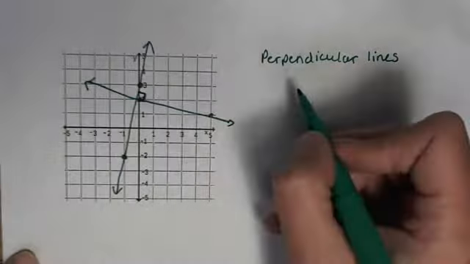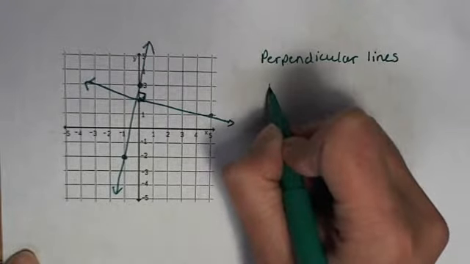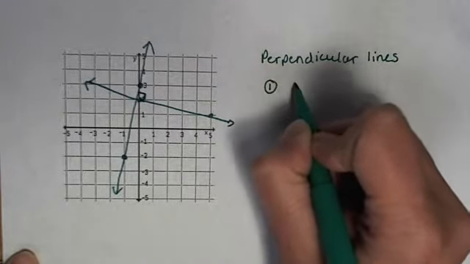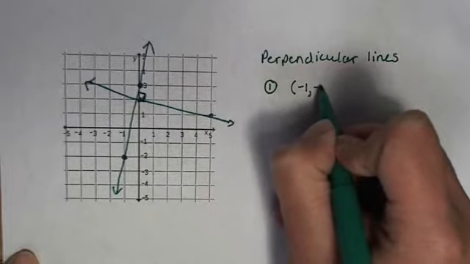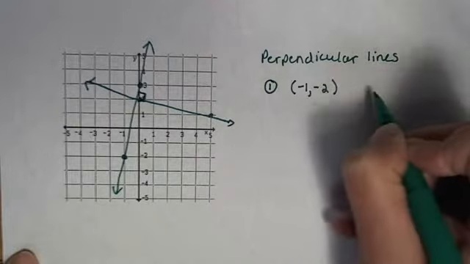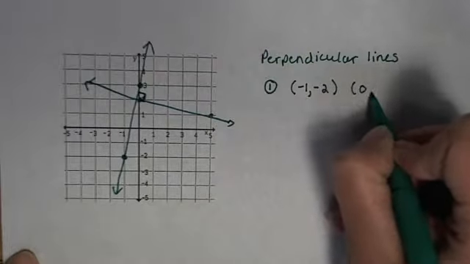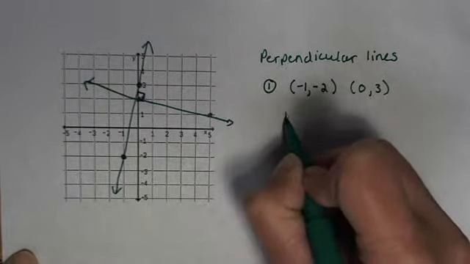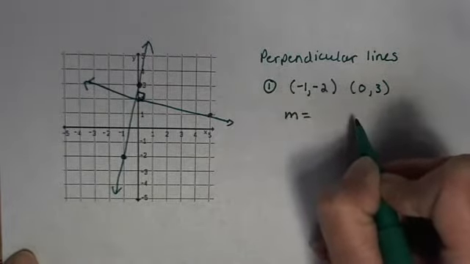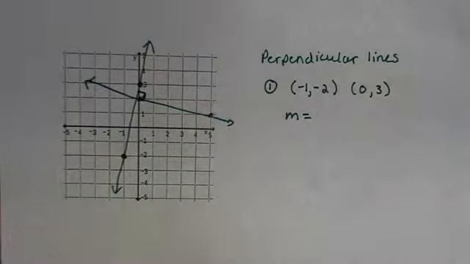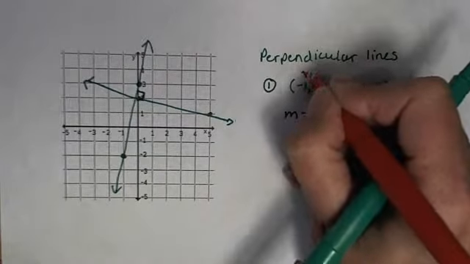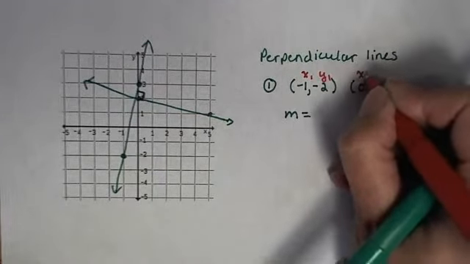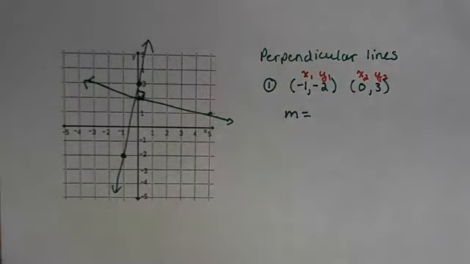So if I look at, again, the points that I used here for line number 1, the points I plotted were -1, -2, and 0, 3. Let's take a look at the slope. M is equal to, and again, if it's helpful, write in your x sub 1, y sub 1, x sub 2, y sub 2.